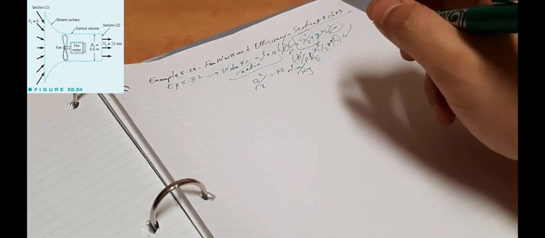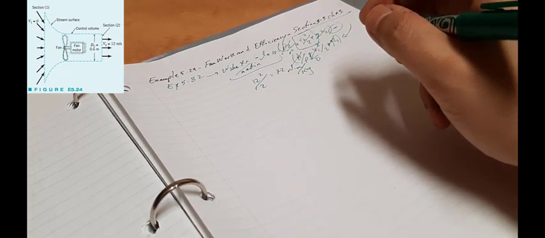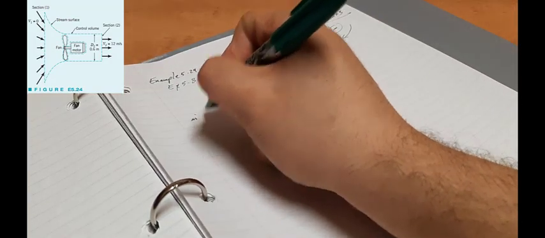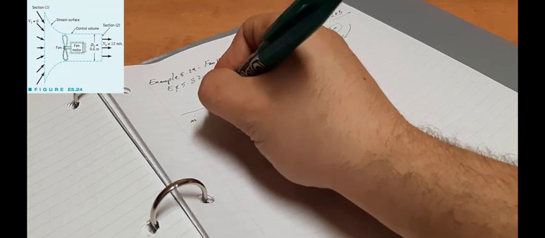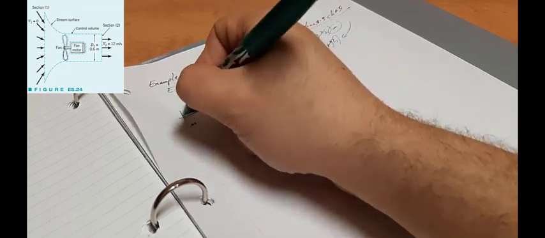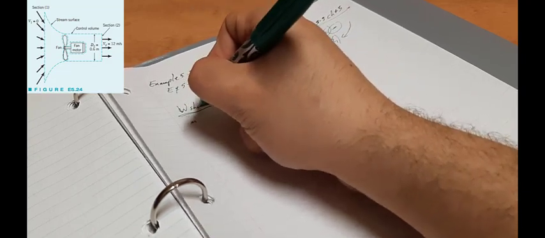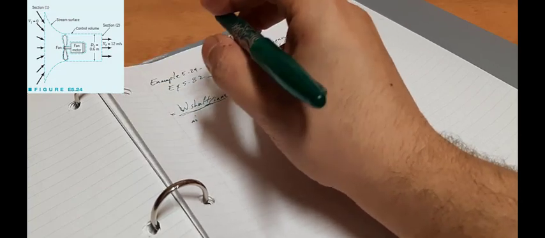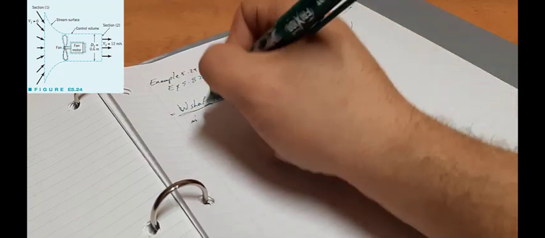In order to have the efficiency, we need to know the mass flow rate, which is found by dividing the total W of the shaft net in, so that we have the W shaft in per unit of mass.